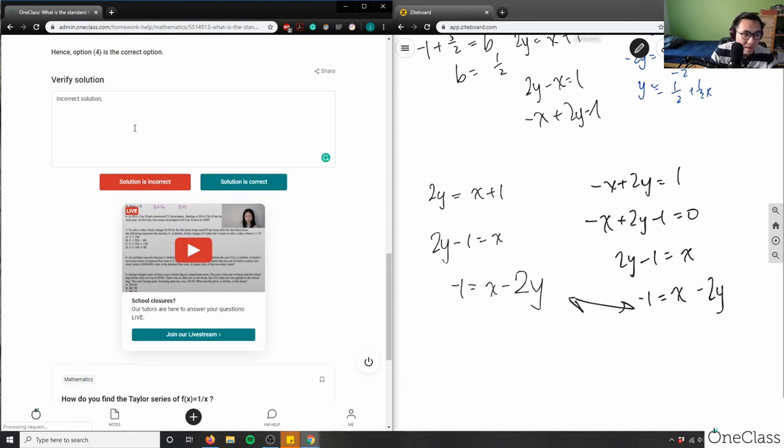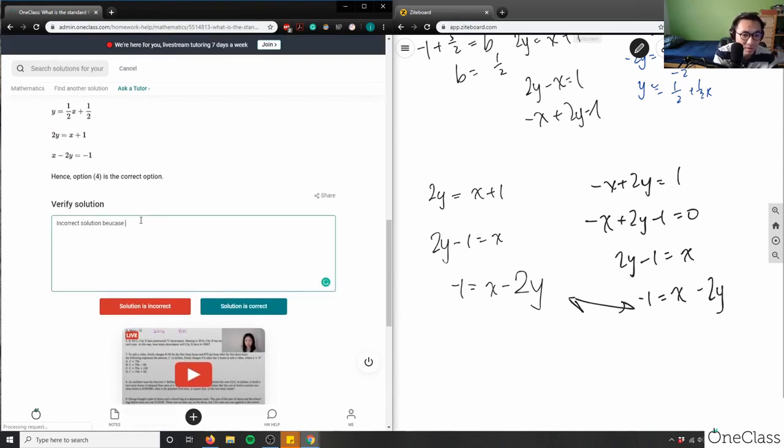So in this case, it's an incorrect solution because those 2 points go through all four linear equations.